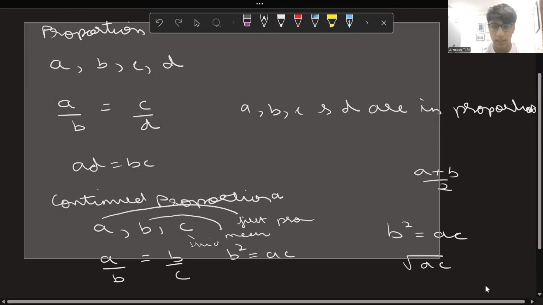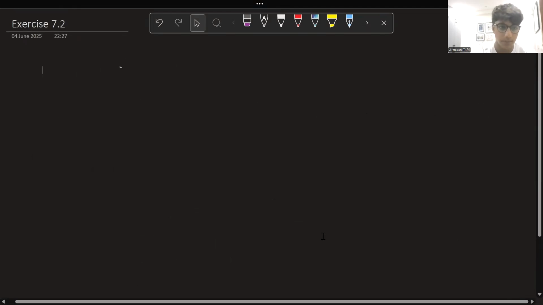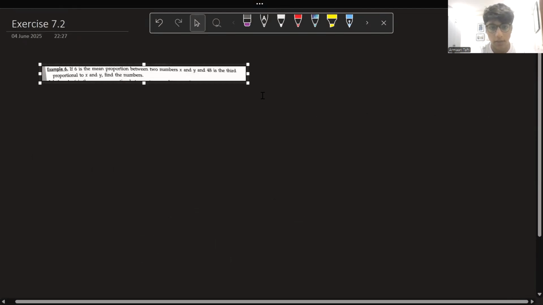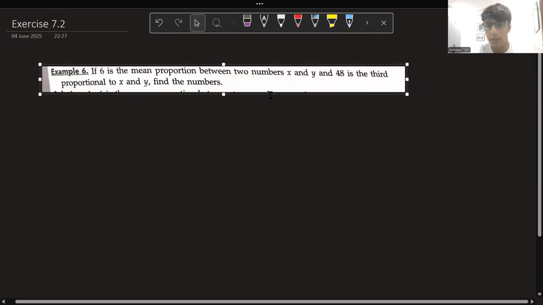So let's just delete all of this, and first question. Like I said, they do use these terminologies, and let's see how we deal with them and how we solve this question. They've told us that 6 is the mean proportion between two numbers.